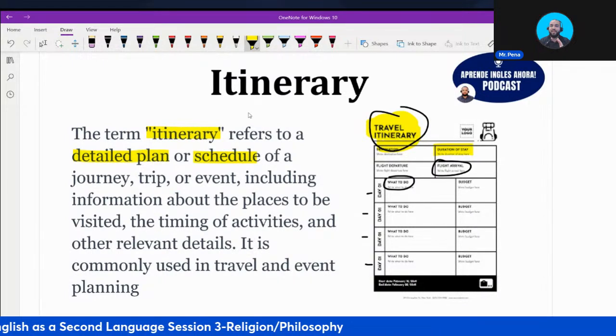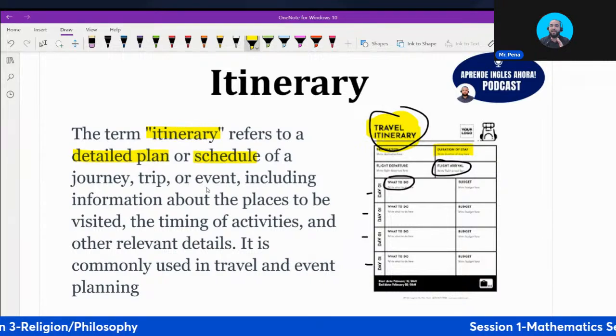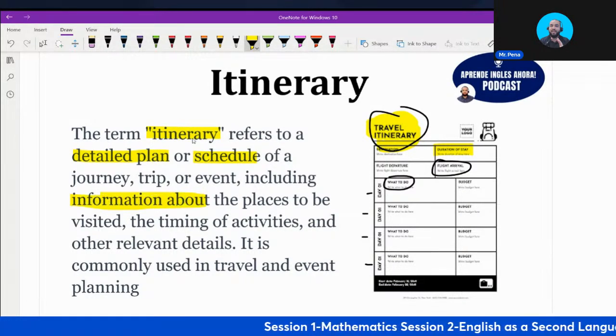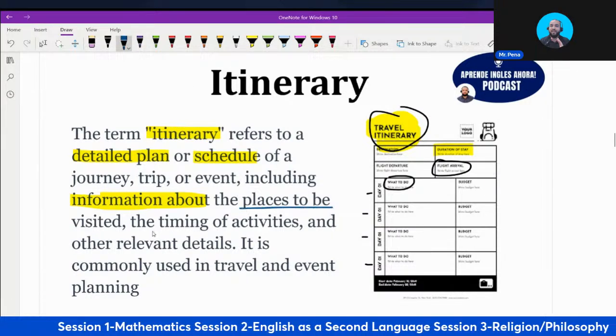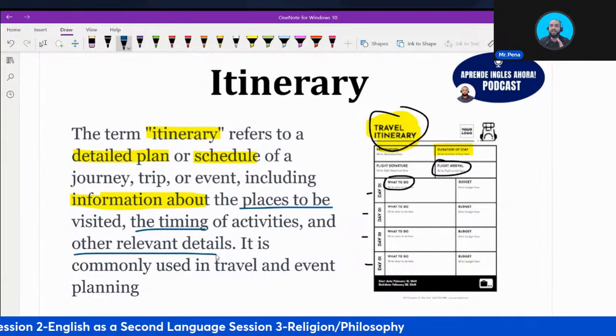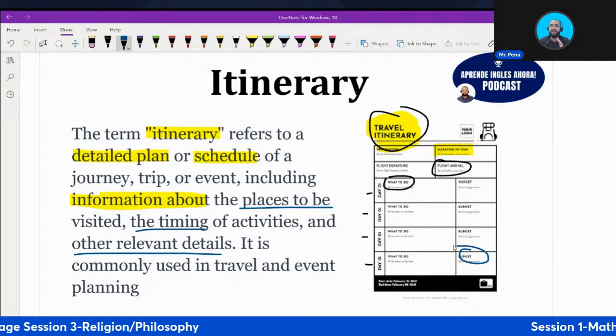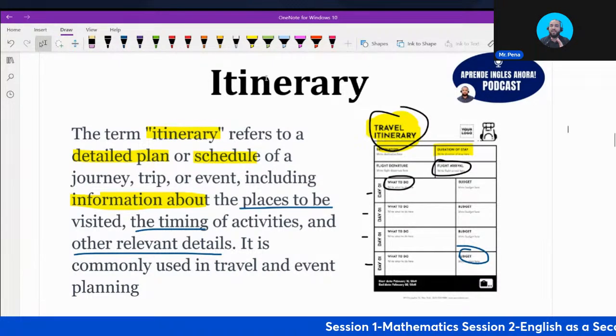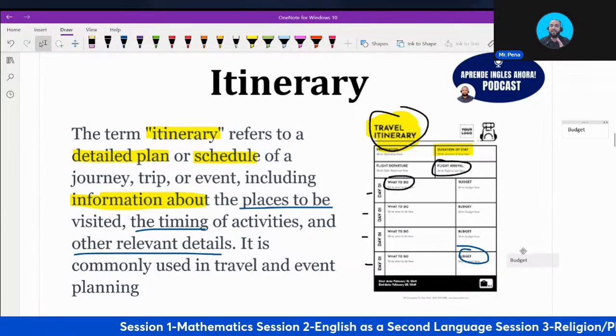It refers to a detailed plan or schedule of a journey, trip, or event, including information about the places to be, the timing of activities, and other relevant details. Another relevant detail is the budget. We do want to know about the budget.